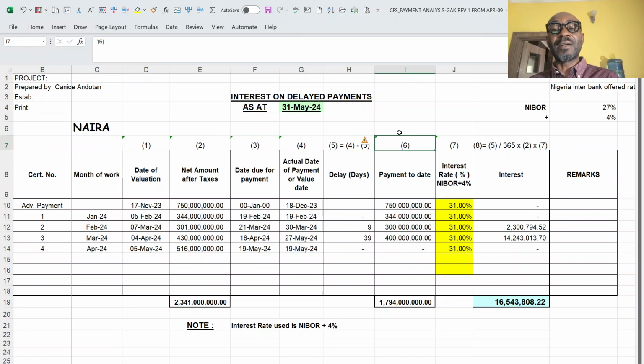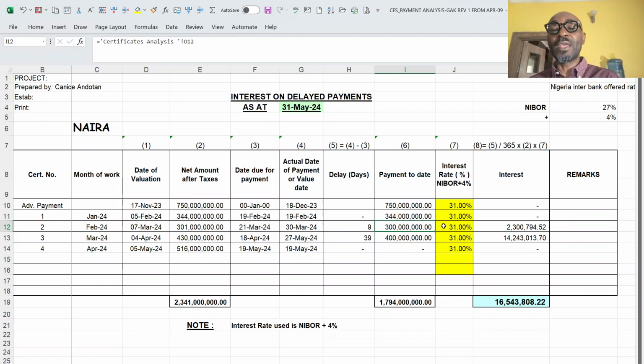Why 6? 6 is the amount that I'm due for payment, because the interest is on that total figure that I'm supposed to be paid. So you put in the figure less the figure you are paid. I think the figure here should be the exact amount that I was paid, and that is what you see, total amount paid, instead of the net amount after taxes that I'm supposed to be paid and all of that.